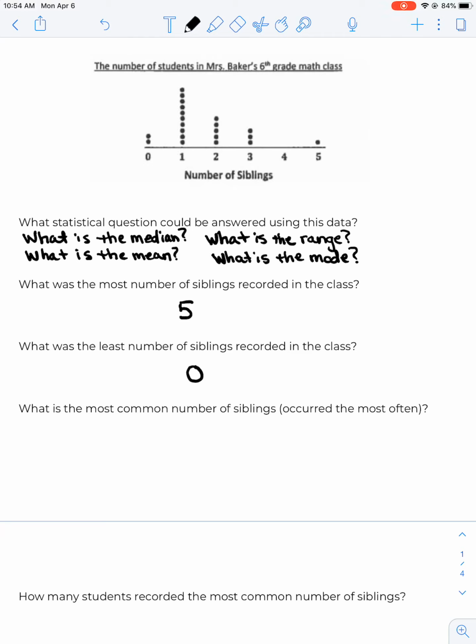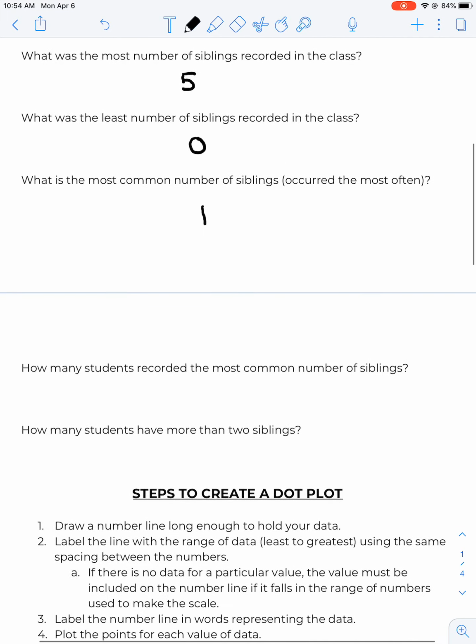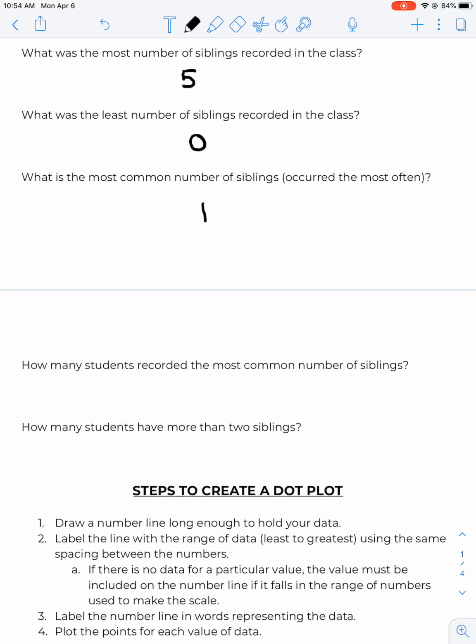That number would be 1. How many students recorded the most common number of siblings? That would be 10, under the number 1 sibling. How many students have more than 2 siblings? In other words, more than 2 would be 3, 4, or 5, and that would be 4.